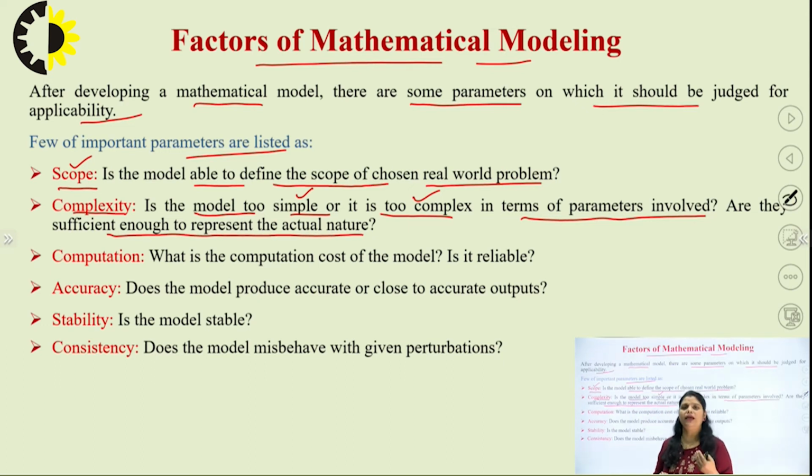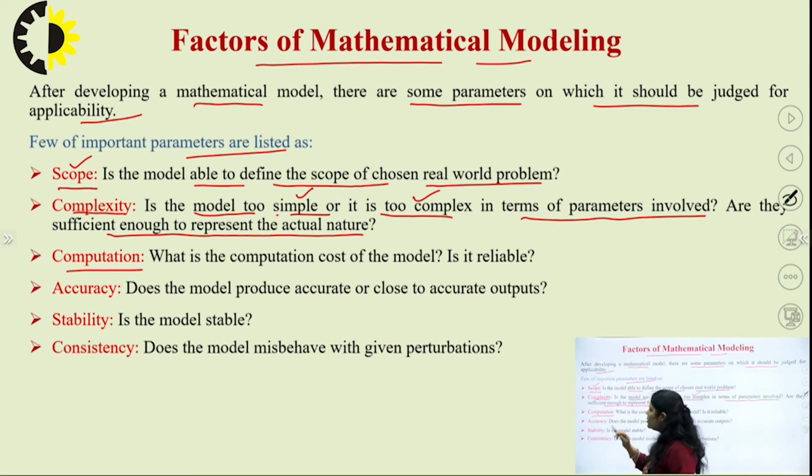We have to select the different parameters and variables for the mathematical model, and keep in mind that the selected parameters and variables should represent the actual system.